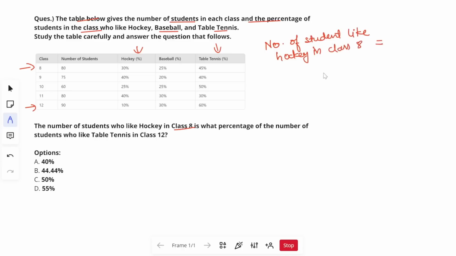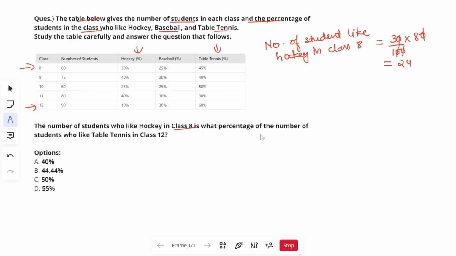Let's see how we can find that out. So if you see, class 8 is this and hockey is 30%. So 30% of 80 students like hockey. We can write 30% this way, and of 80 will be this one. If we cancel out this zero and these zeros will cancel, 3 eights are 24. There are 24 students who like hockey and they are in class 8.